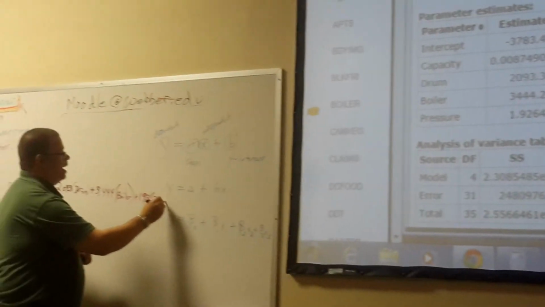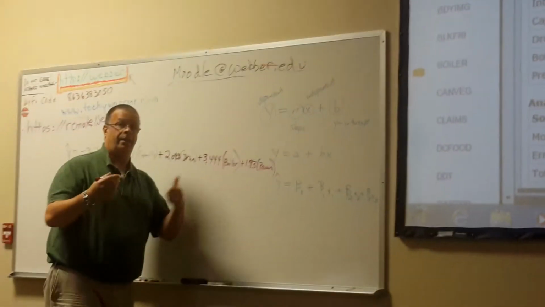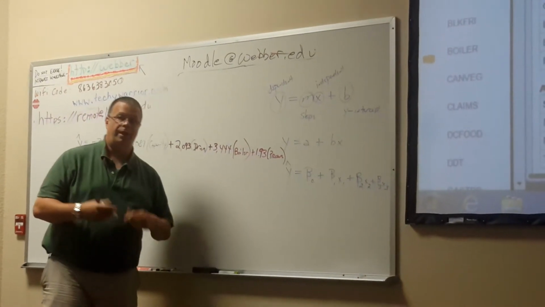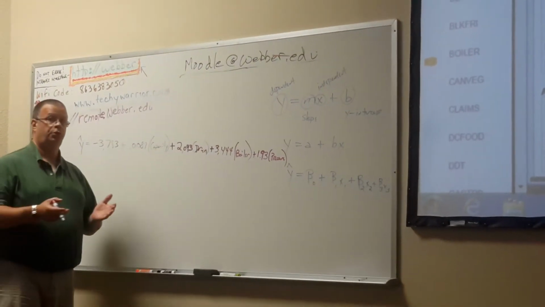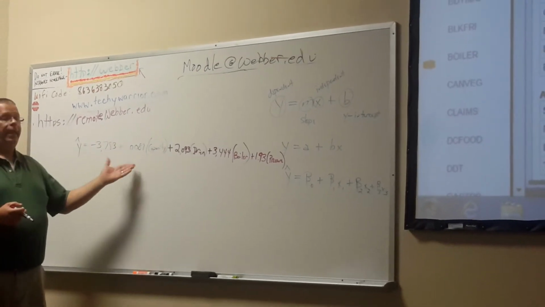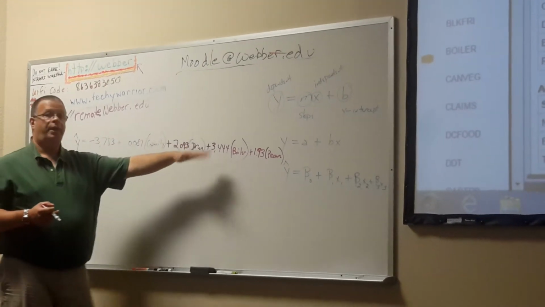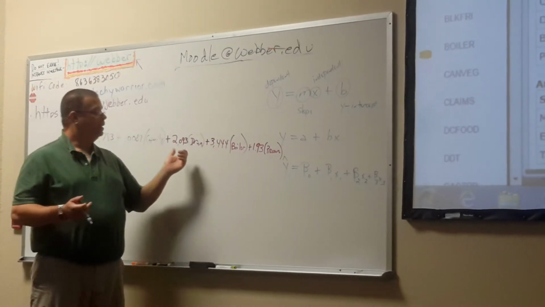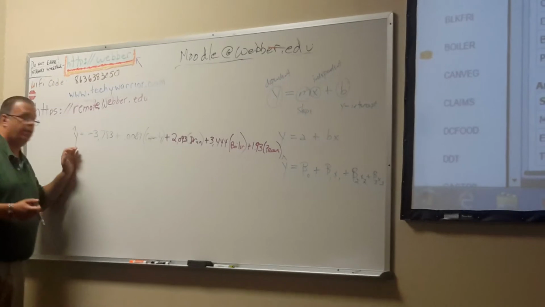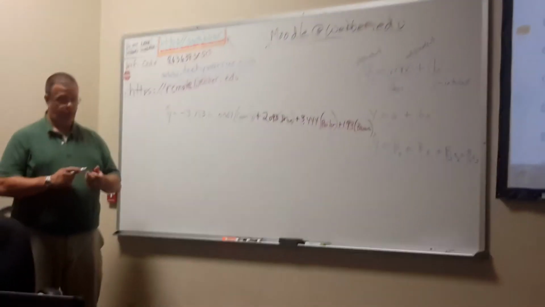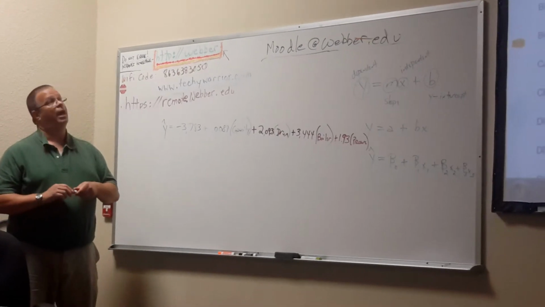So as the PSI that it has to withstand goes up by 1 unit, it adds 1.93, or almost 2 hours to our total job. And we could then take this equation and put in whatever values we have for our proposal for the client, put in what that's going to be, and come out with an estimate of the man hours that it would take to do the job.